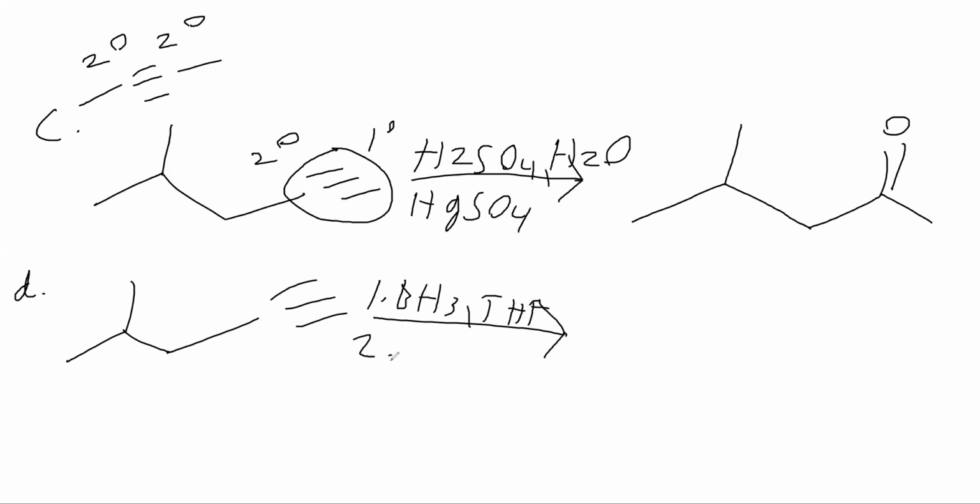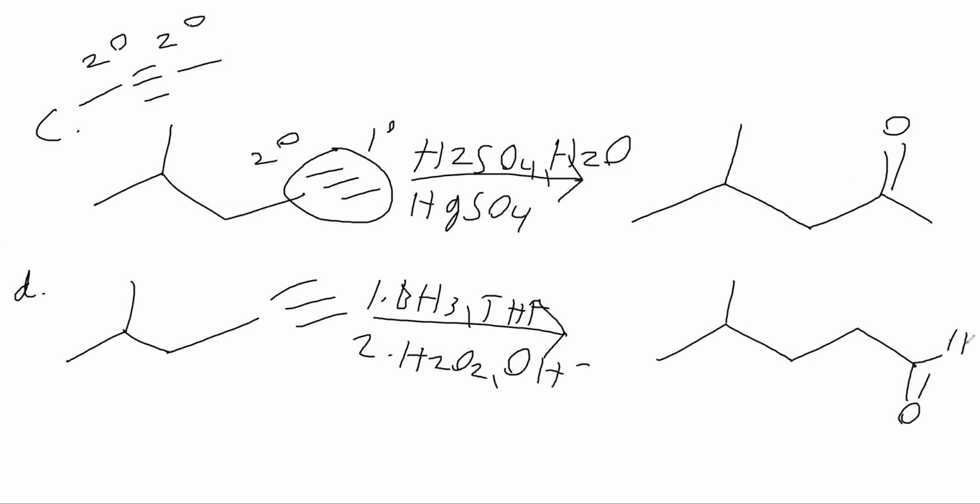So this is BH3 and THF with H2O2 and base. And while the reaction in part C put the carbonyl on the Markovnikov position, this is going to put the carbonyl on the anti-Markovnikov position, which is here at the end of the chain.